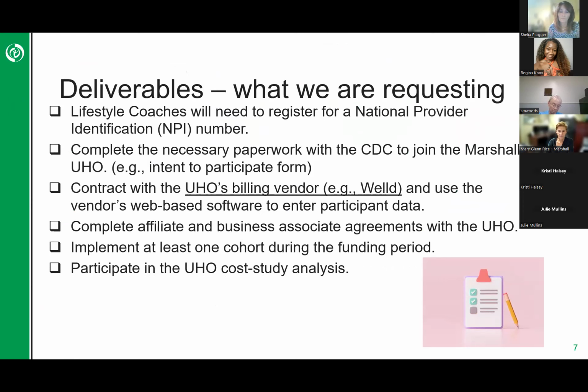In general, as it relates to this application, and all of this information is on the application, along with links to additional resources, in order for your program to be successful, you really should have more than one trained lifestyle coach to facilitate the classes.